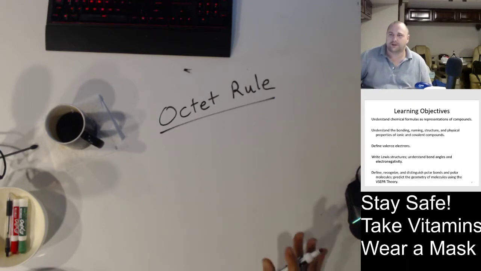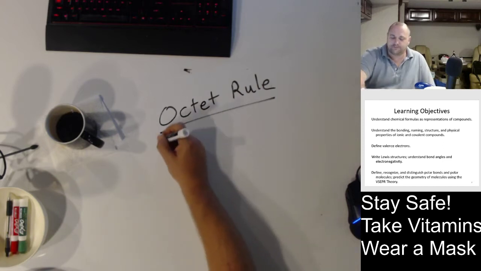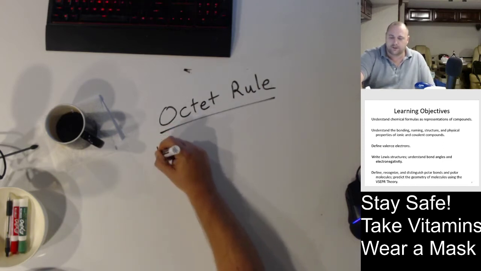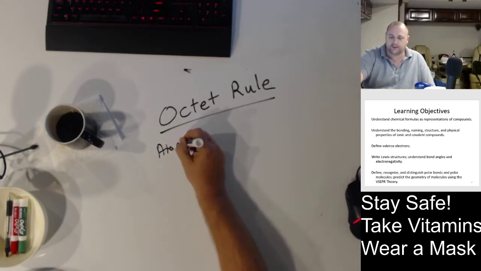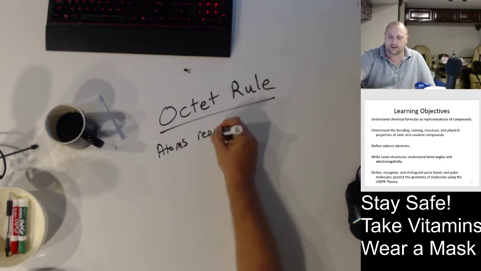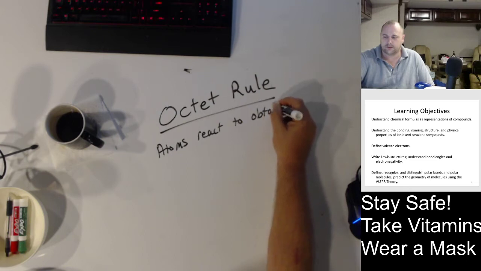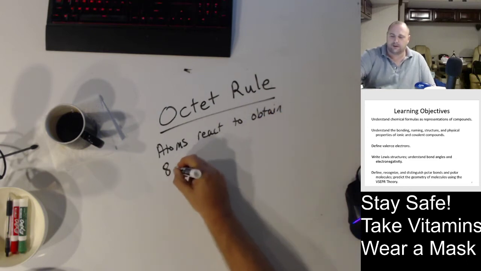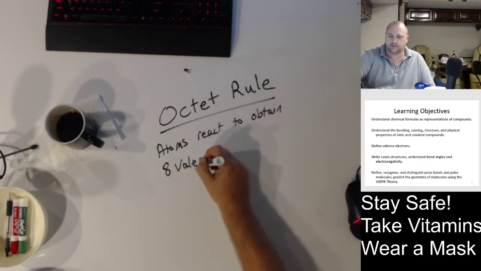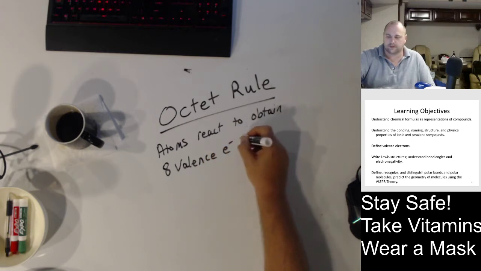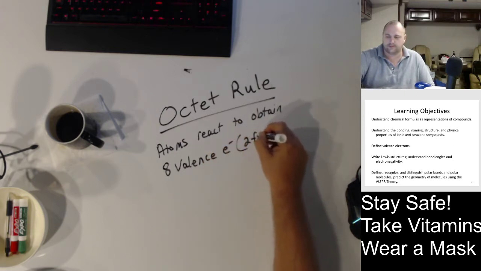All right, we can say that atoms react to obtain 8 valence electrons, or 2 for helium.